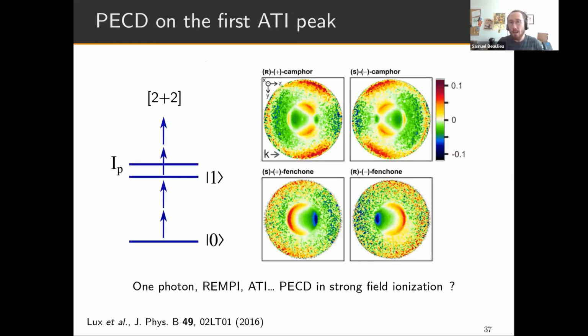And one very interesting extension of the 2+1 REMPI PECD experiment of Lux and co-workers is going to the above threshold ionization regime. Again, the same group have demonstrated non-vanishing PECD on the first ATI peak, which shows that even ATI can be sensitive to the chirality of the molecular potential.